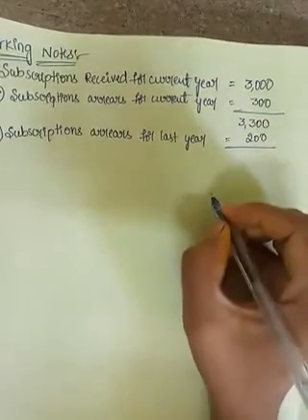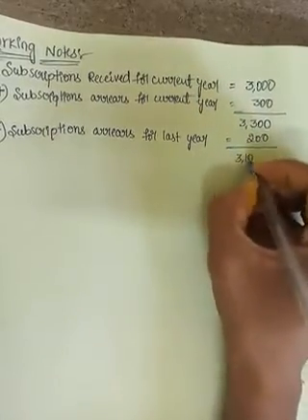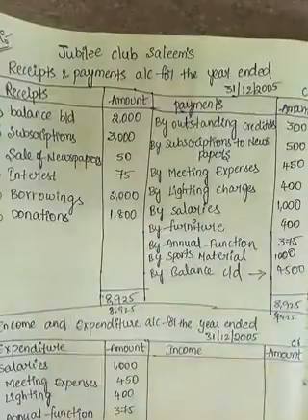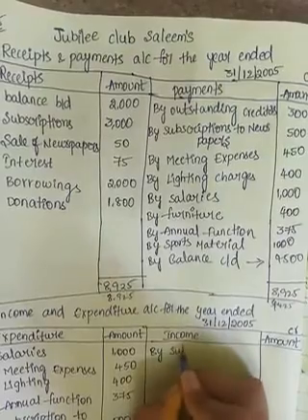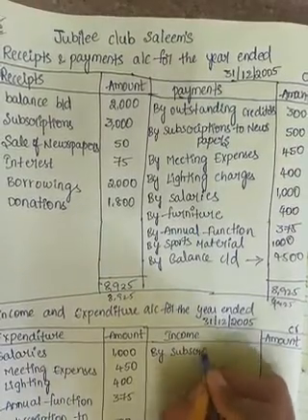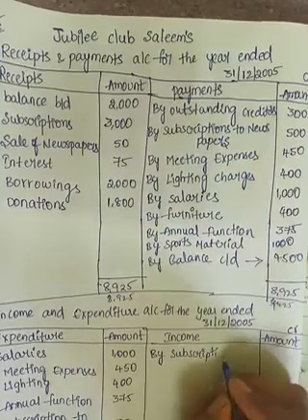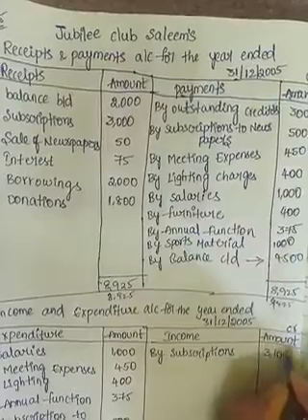So deduct that, how much are we getting? That is 3100. Okay, this is the amount of subscription. By subscriptions amount is 3100.